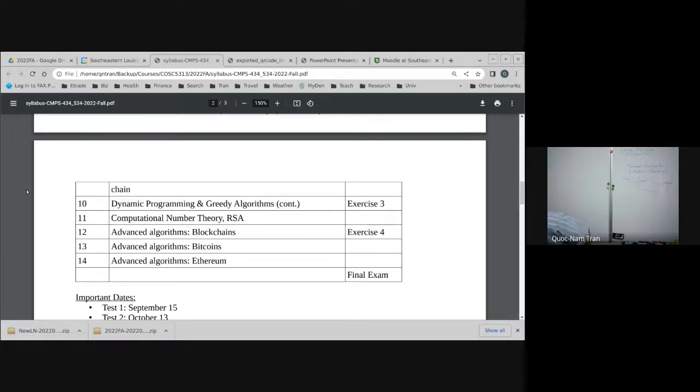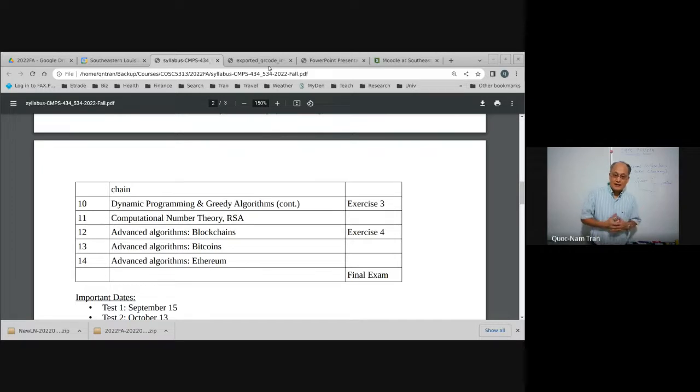The third thing I want to mention here is extra learning for algorithm design. You know that every year, Southeastern selects a programming contest team to take part in the South Central USA programming contest for universities in Louisiana, Texas, and Oklahoma.